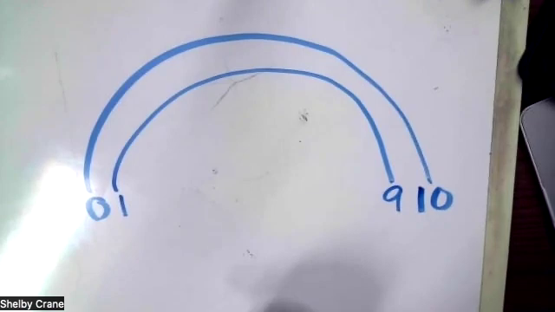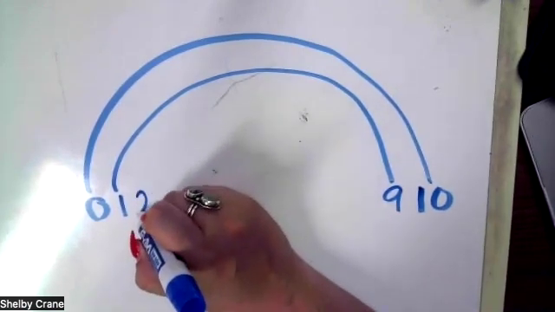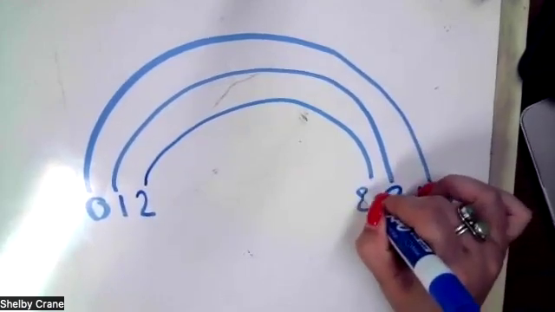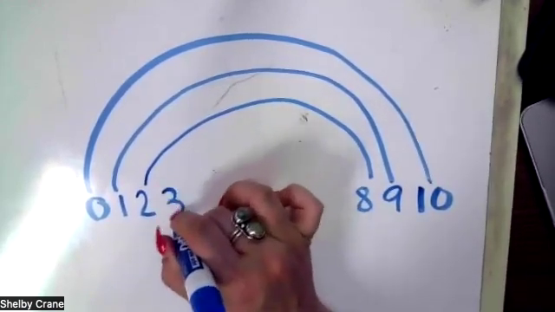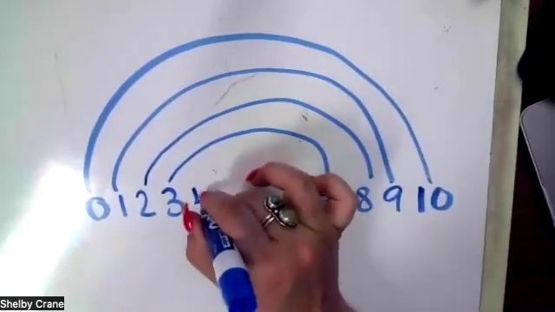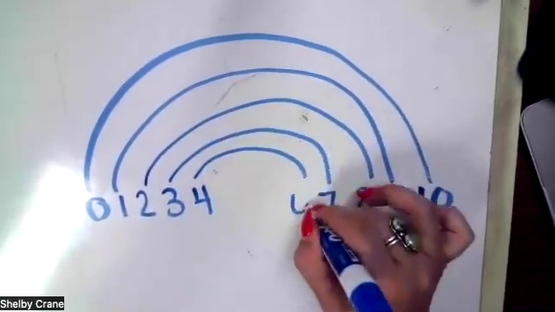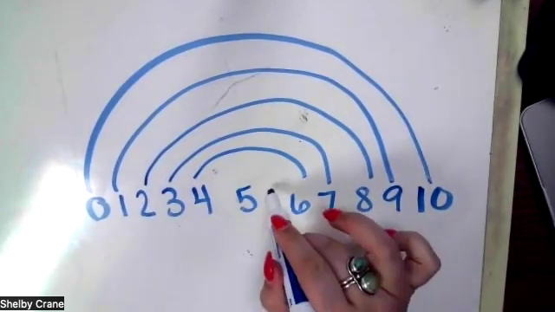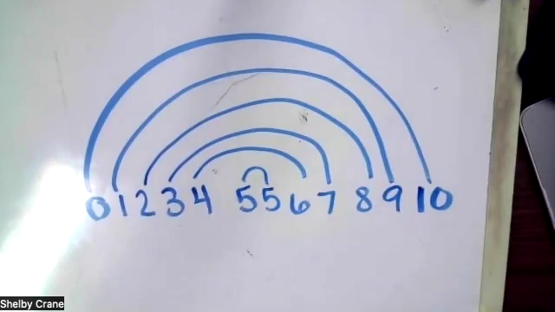They're friends and they are connected. And then the next number is 2, and his friend is 8. 3 to 7, 4 and 6, and then 5 is his own friend with himself right in there.